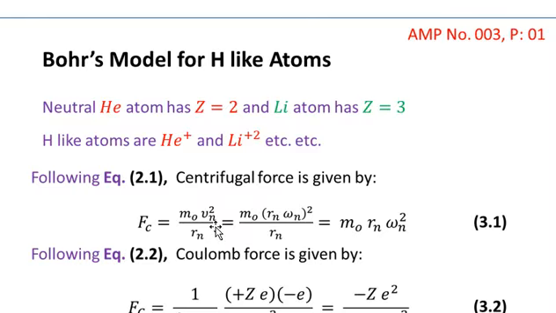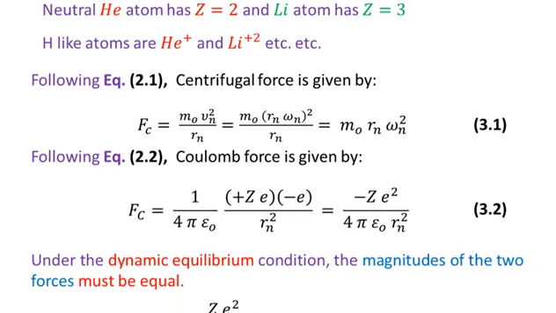That's why we have put a label n as a subscript with the velocity Vn and the orbital radius Rn. Substituting Vn by its value, Rn omega n, the centrifugal force will be equal to m0 times Rn times the square of omega n, as shown in equation number 3.1.